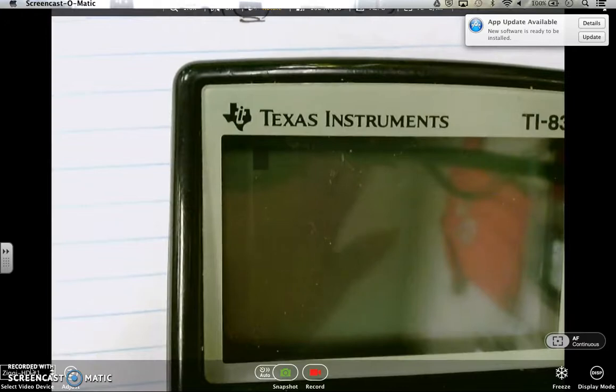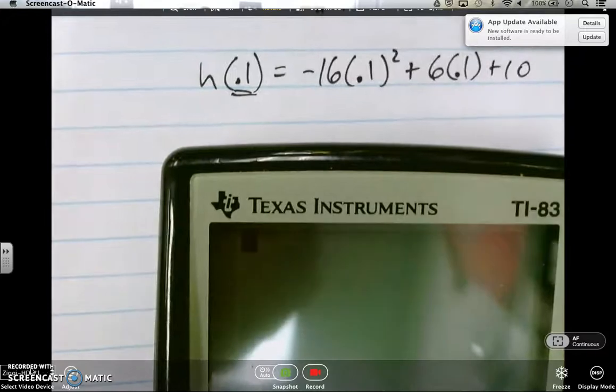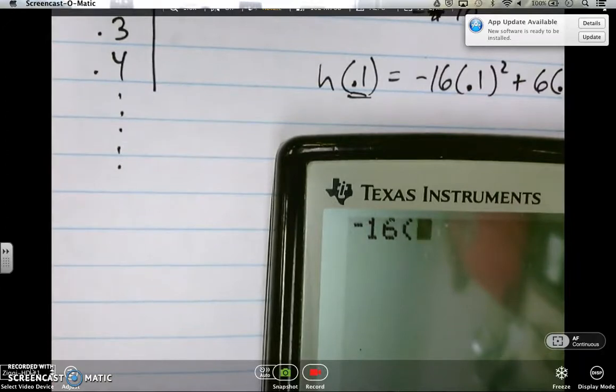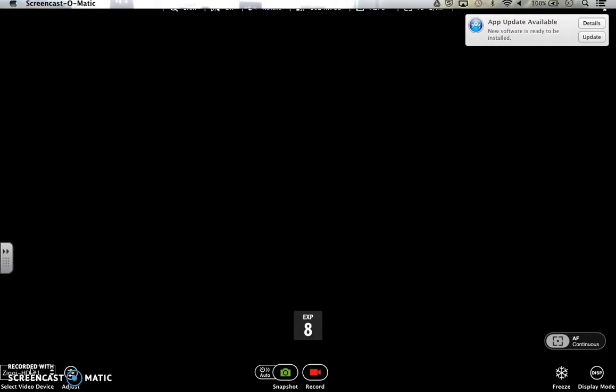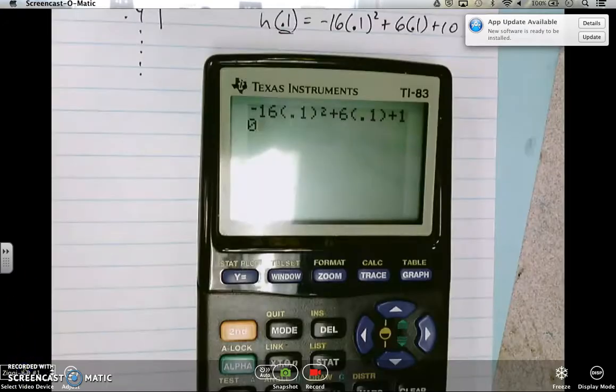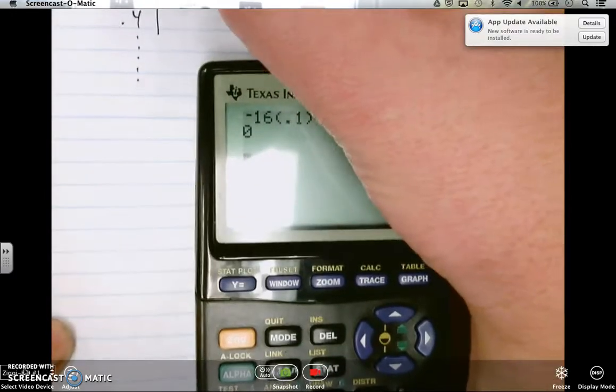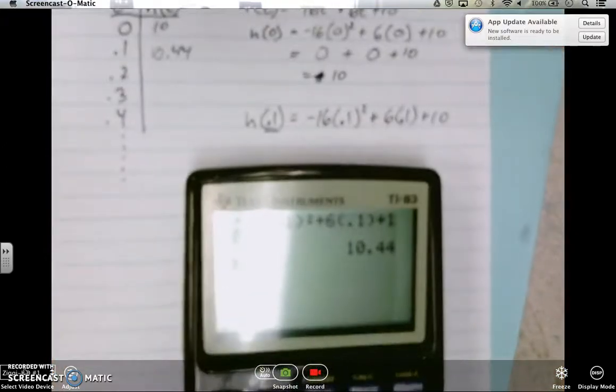So our equation needs to be negative 16 parentheses 0.1 squared plus 6 parentheses 0.1 parentheses plus 10. So that's how it looks when it's typed in. Press enter, and you got that. So now we know after 0.1 seconds, he's at 10.44. We'll write that in on our table there.